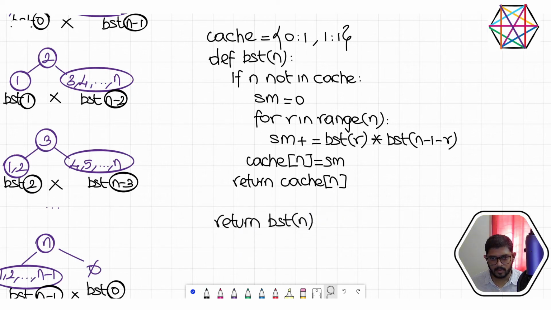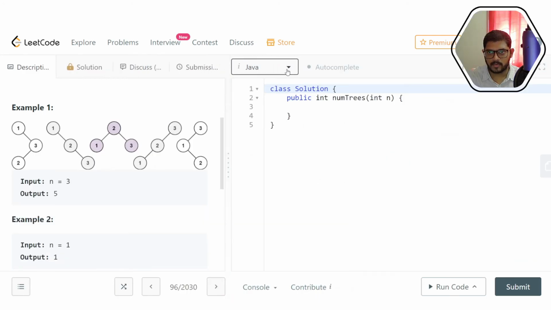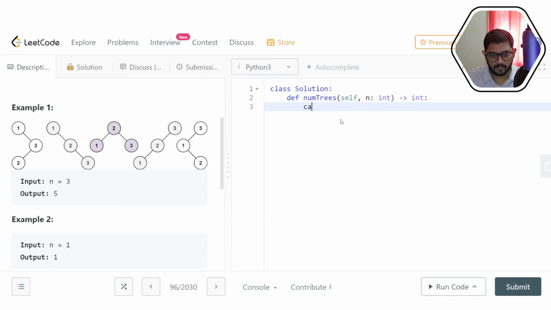Then now let's go back to Leetcode and we'll just code out the algorithm and see how it works. Let's change it to Python 3. So what's the first thing we're going to do? We are going to initialize a cache in the form of a Python dictionary. For key 0, the value is 1. For key 1, the value is 1.